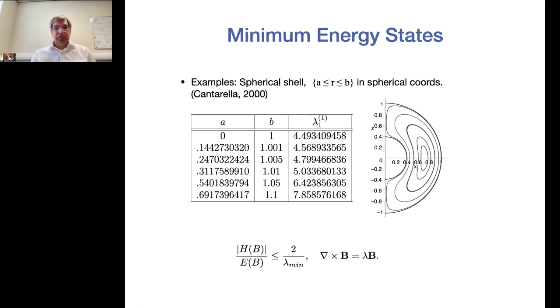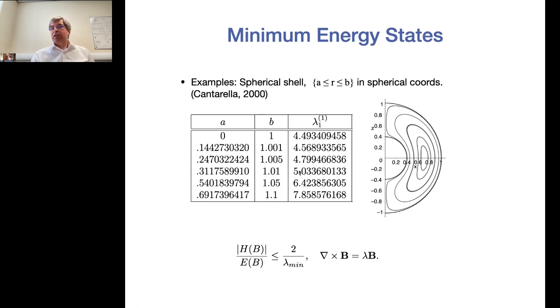I have here also an example where Jason Cantarella calculated the linear force-free fields in a spherical shell, so between an inner radius A and an outer radius B. The outer radius is roughly 1, and the inner radius is increased from 0 to about 70%, or 0.69, of the outer radius.